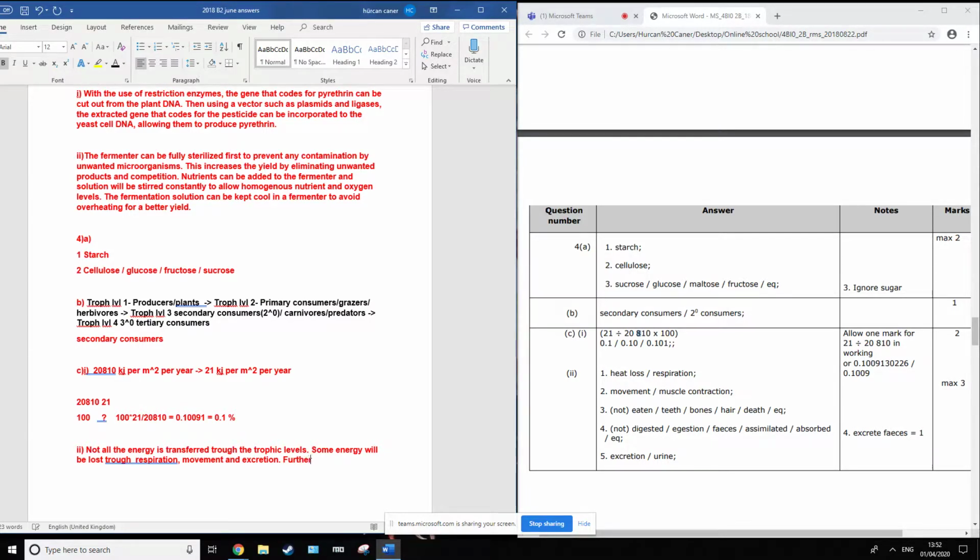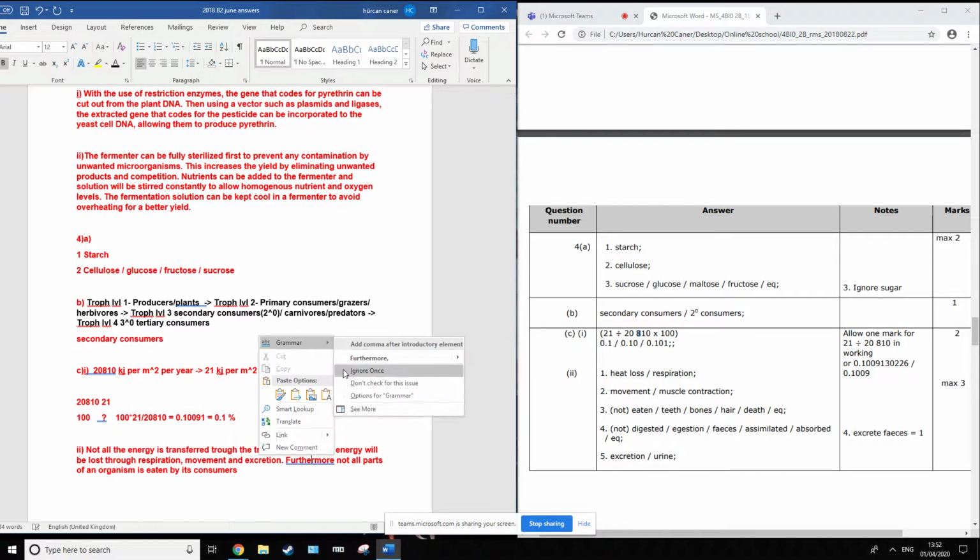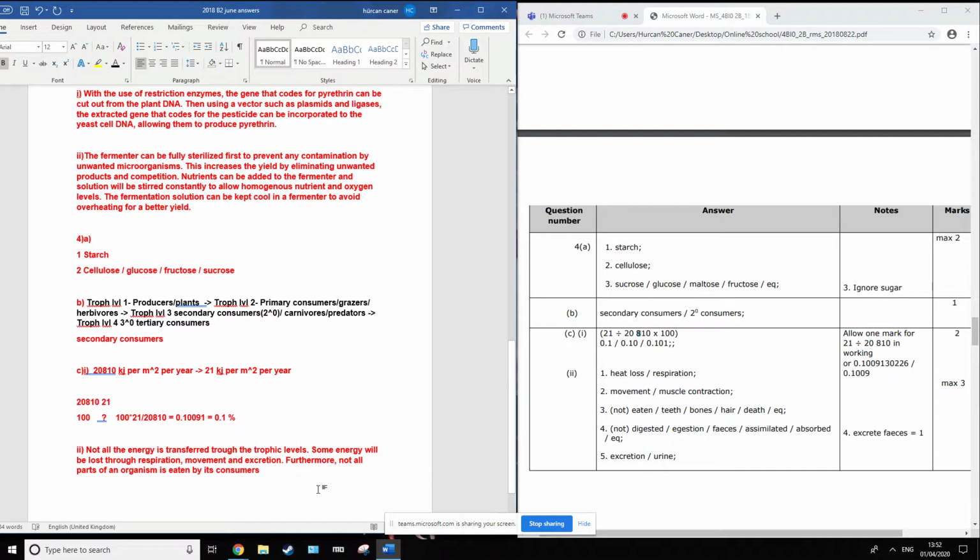Furthermore, not all parts of an organism are eaten by its consumers, and some is not digested.